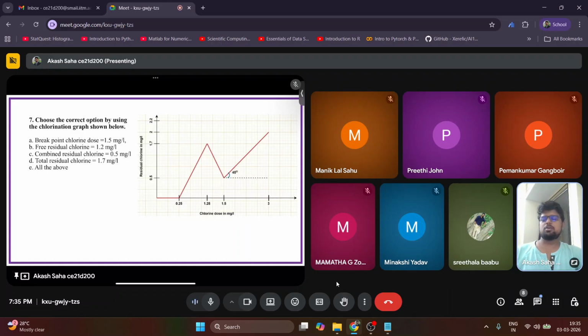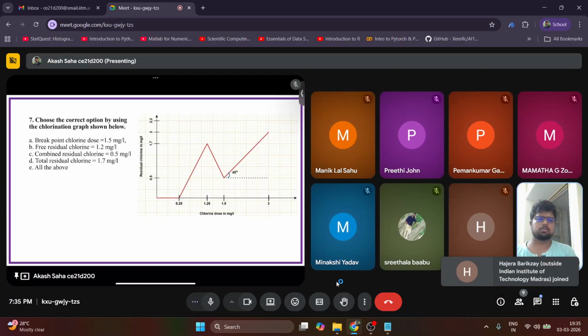You have to tell me what is the breakpoint chlorine dose, what is the free residual chlorine, what is the combined residual chlorine, and what is the total residual chlorine. Please look into this graph and tell me what the concentrations are, and if whatever is given is correct, let me know the correct options, and we will find out how to calculate if something is incorrect.